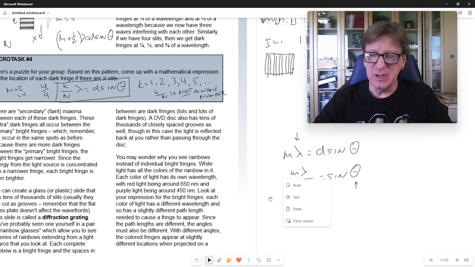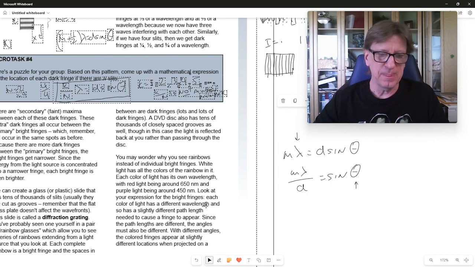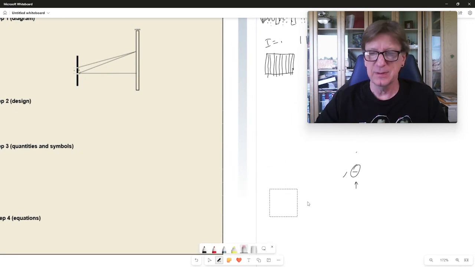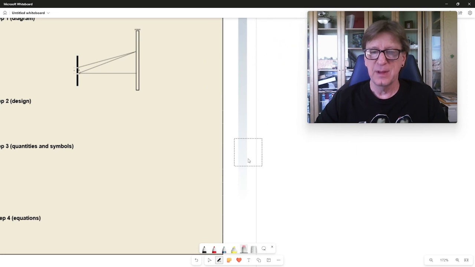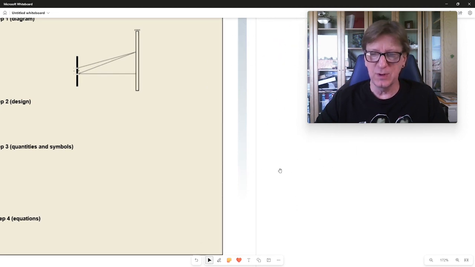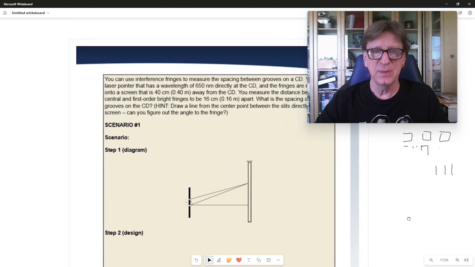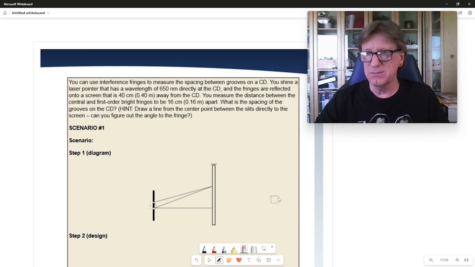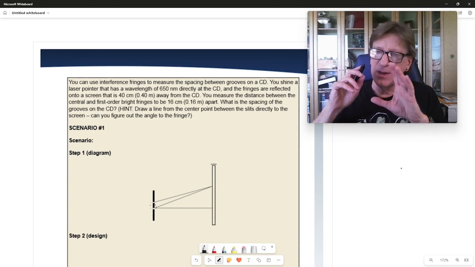All right, so let's see if we can do a problem with this then. Go ahead and delete this part, and then we'll erase what we've got here on the sides. And this is very similar to what maybe you would do in a lab experiment. The way a CD works, a CD-ROM, audio CD, anything like that, is it burns.